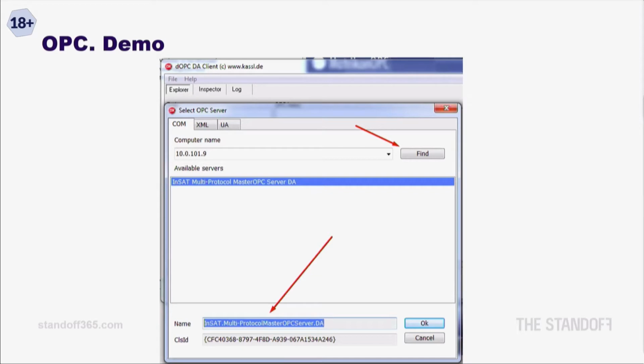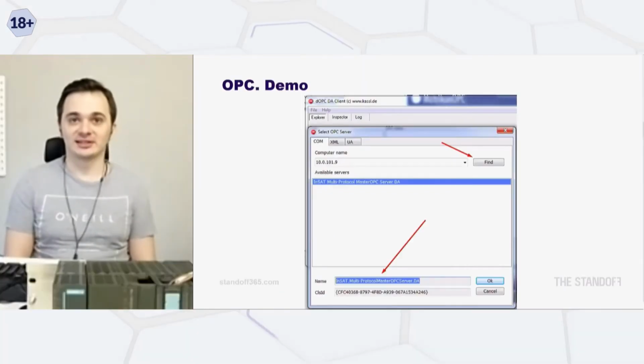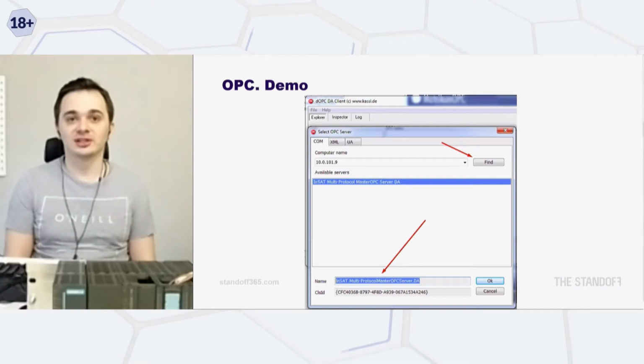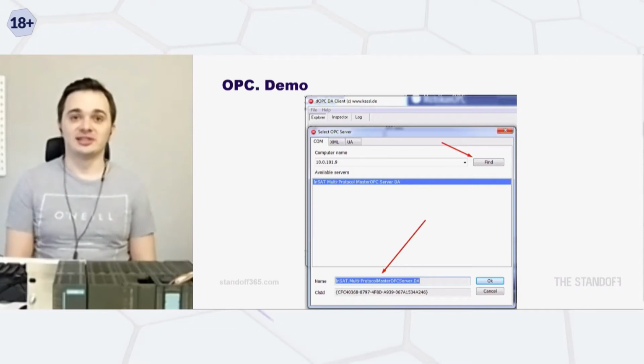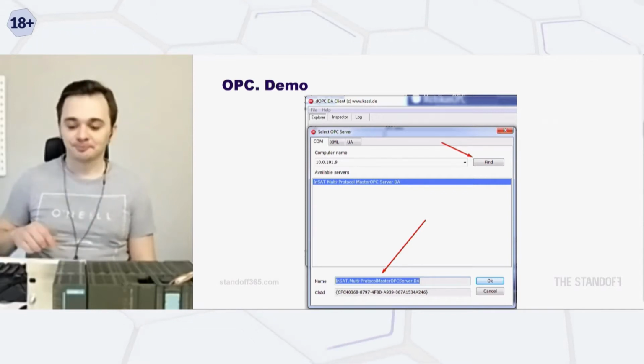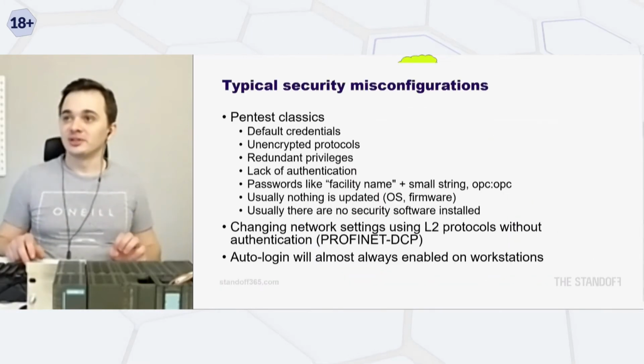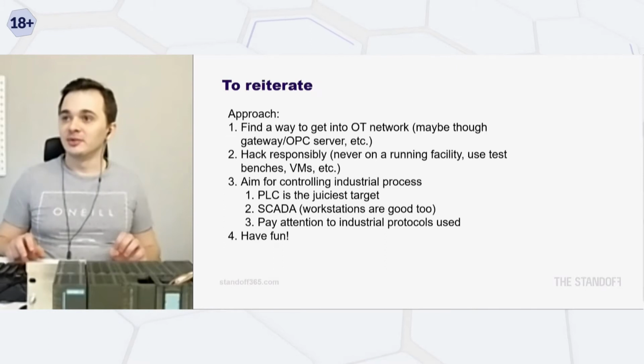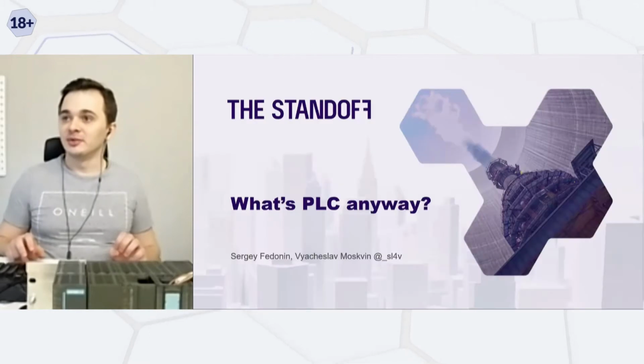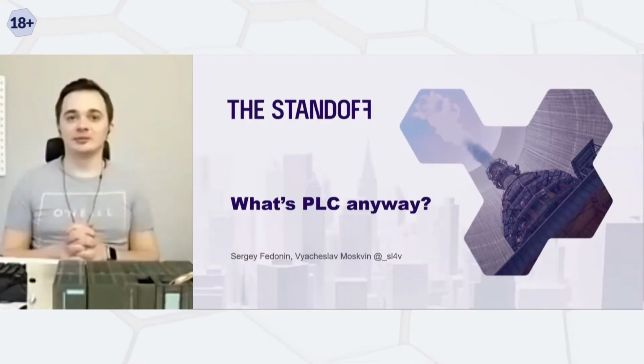The OPCDA client, unfortunately, I couldn't make it work properly with the OPC server that has a multi-protocol master OPC. And that is everything that I wanted to tell you about the OPC.